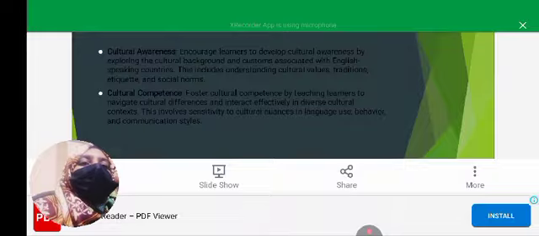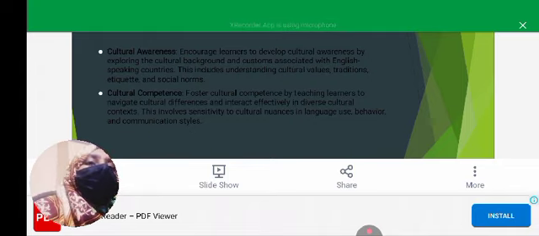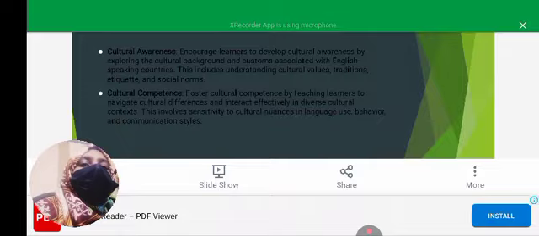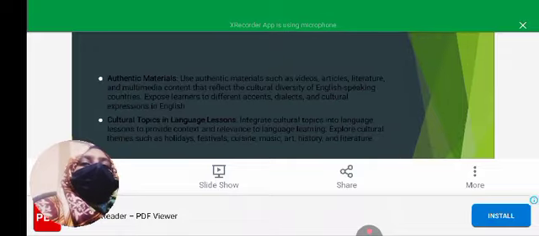Cultural competence: foster cultural competence by teaching learners to navigate cultural differences and interact effectively in diverse cultural contexts. This involves sensitivity to cultural nuances in language use, behavior, and communication styles.